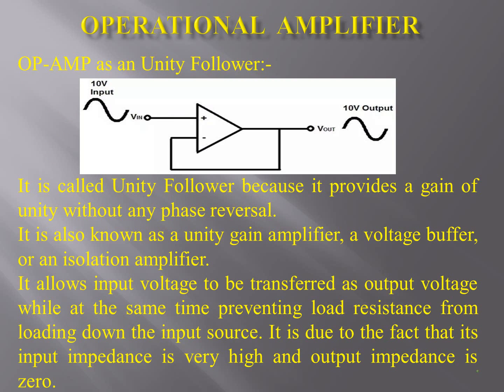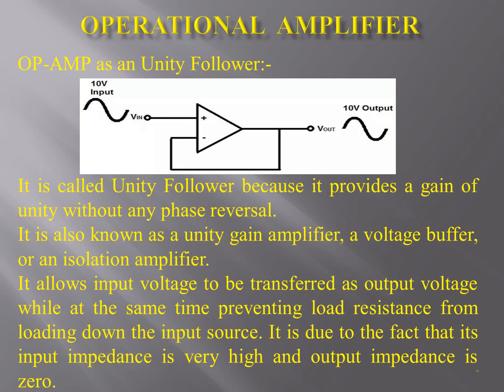You can see the figure or the block diagram of a unity follower on the screen. It is called unity follower because it provides a gain of unity without any phase reversal. It is also known as a unity gain amplifier, a voltage buffer, or an isolation amplifier.